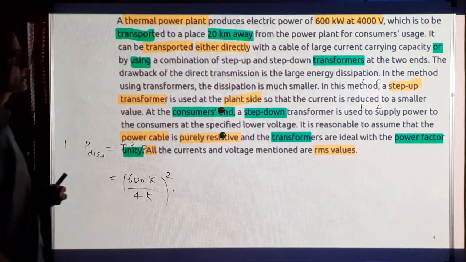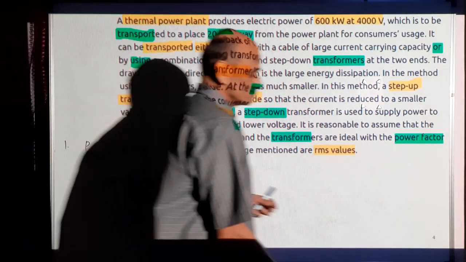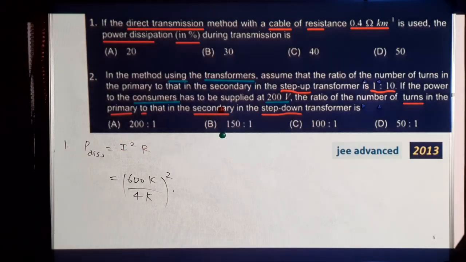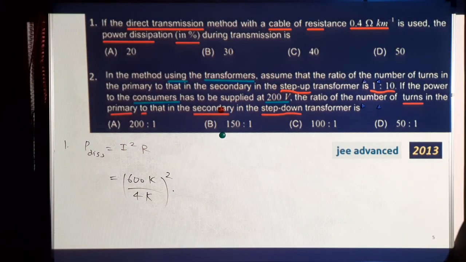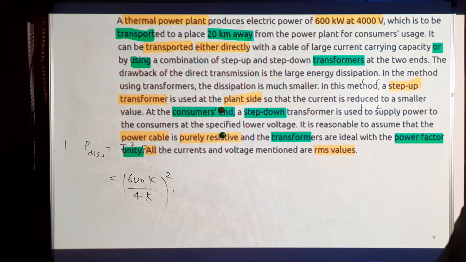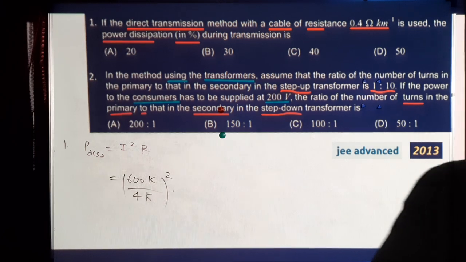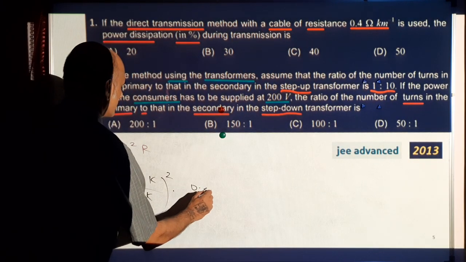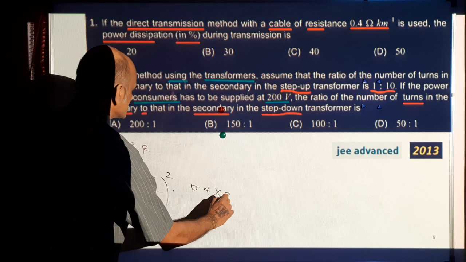Squared into the resistance. The resistance is 0.4 ohms per kilometer, and the distance of the consumer is 20 kilometers from the plant. So resistance will be 0.4, that is per kilometer, and the distance is 20 kilometers.